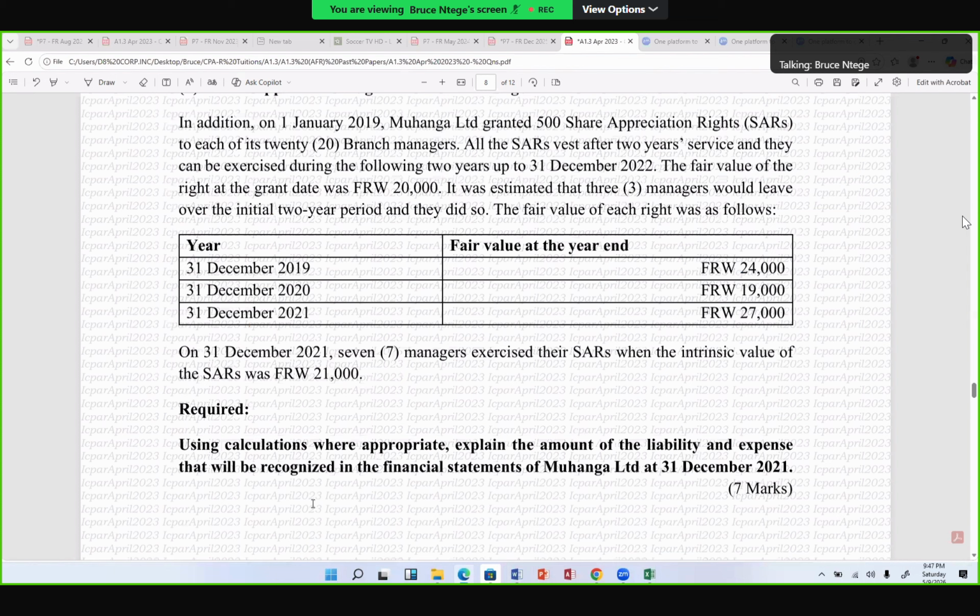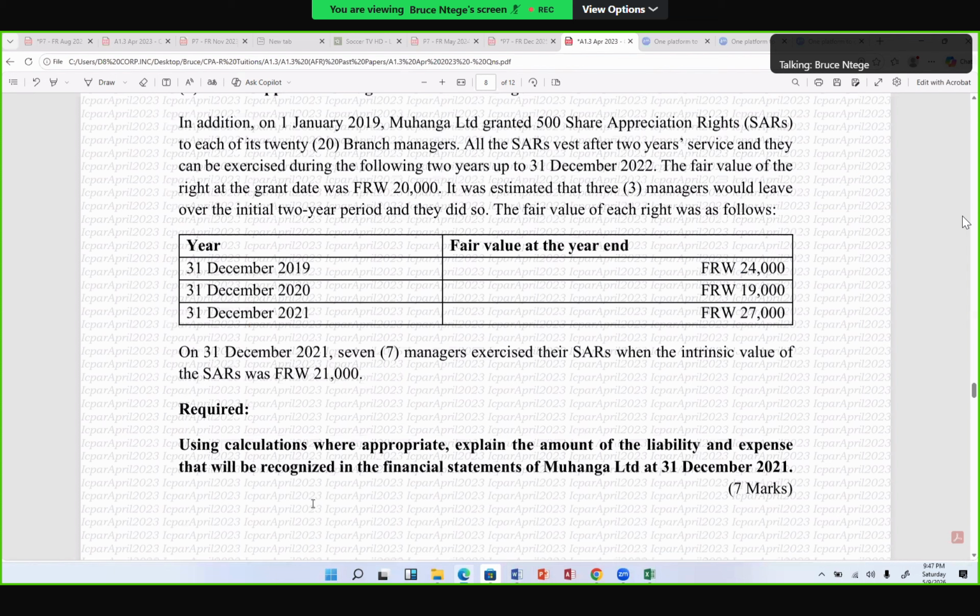So here is the main calculation for part 2, where I have share appreciation rights, which I'll keep abbreviating as SARs, which were granted to the 20 branch managers.